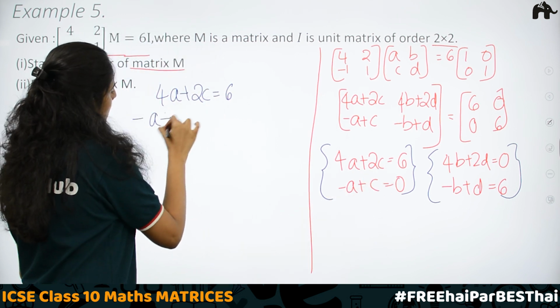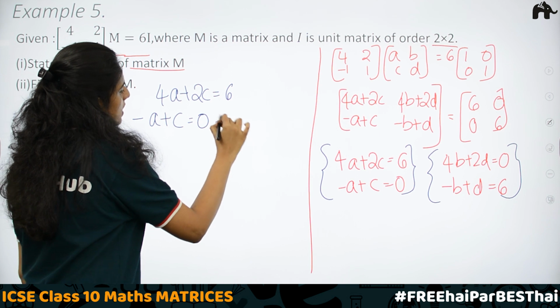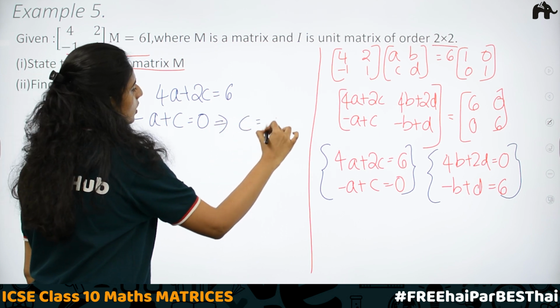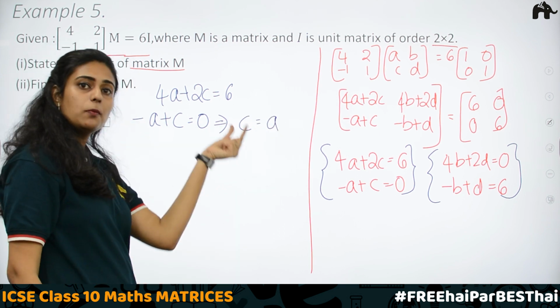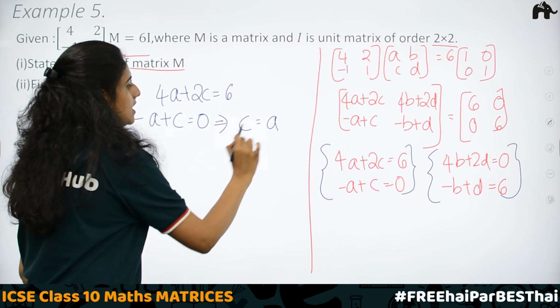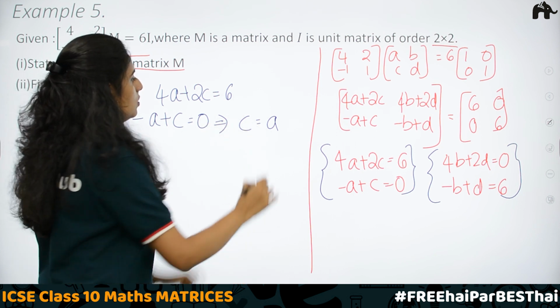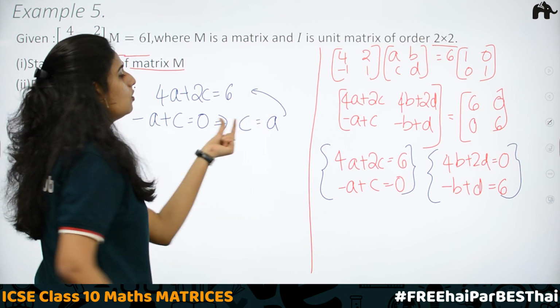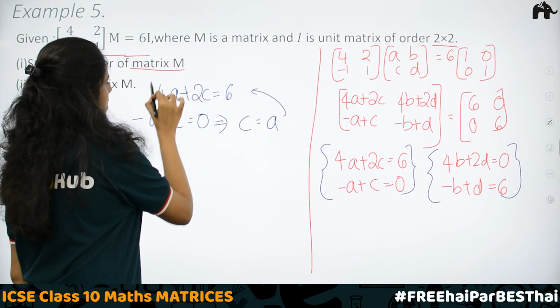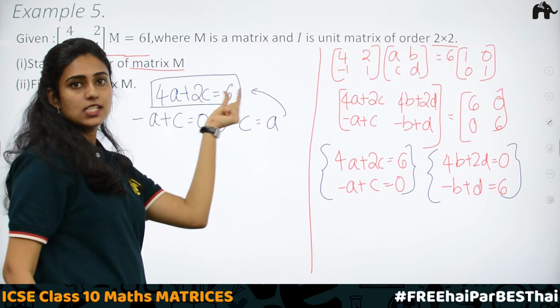Minus a plus c is equal to 0, which means we can write c is equal to a, taking minus a to the opposite side becomes plus a. Now we substitute this value of c in the first equation, 4a plus 2c is equal to 6.